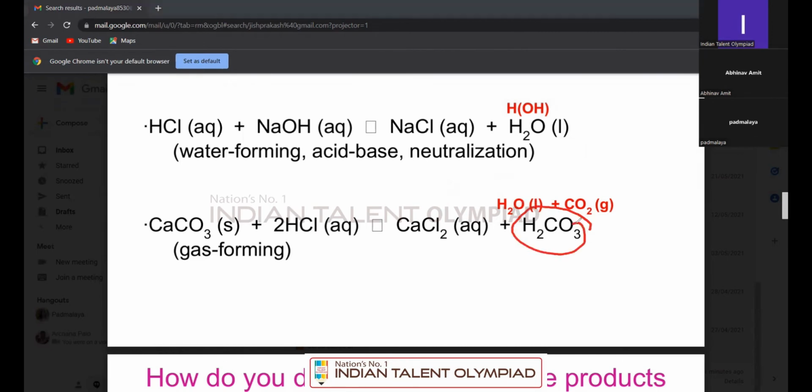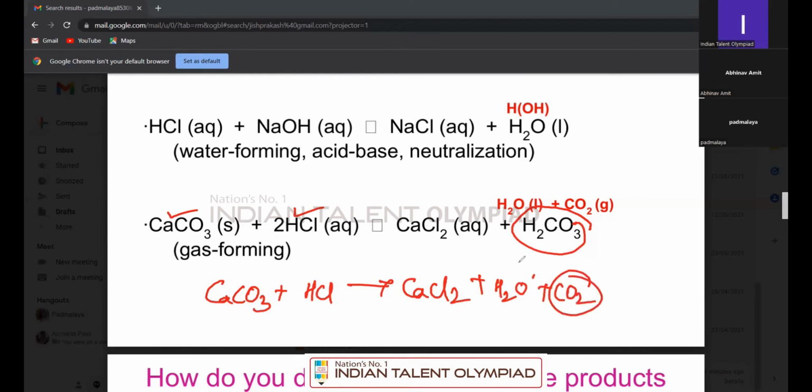Actually, this carbonic acid you will not show. Whenever you show the reaction between calcium carbonate and HCl, the complete reaction you will write is calcium carbonate reacting with HCl. It will form calcium chloride, water, and carbon dioxide, gas evolution and water formation. These two combine to form carbonic acid. Between an acid and base, you will have a neutralization reaction.